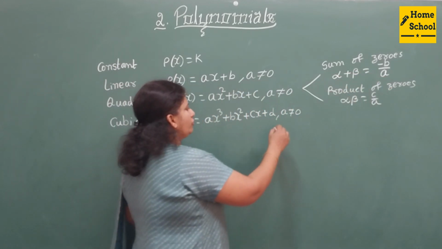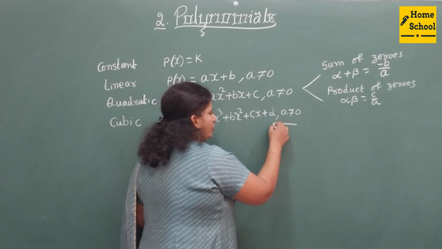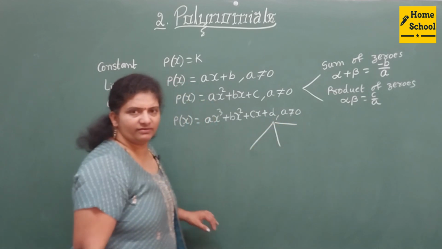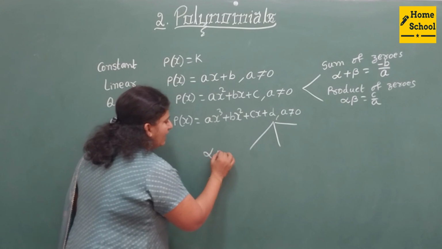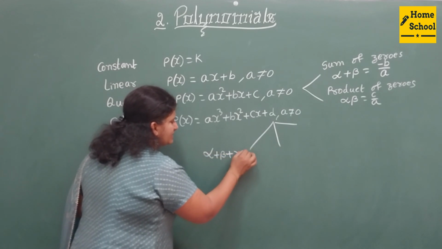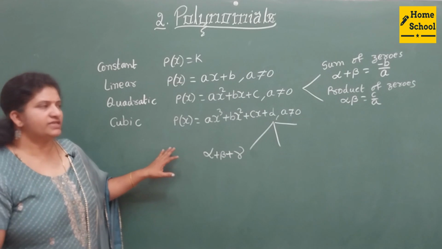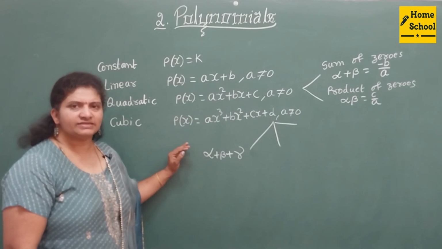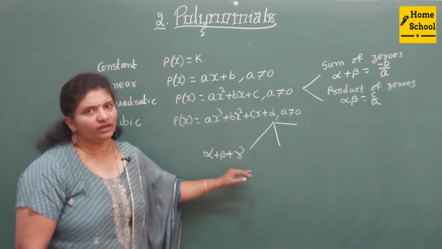Coming to cubic polynomial, let us assume the three zeros are alpha, beta, gamma.